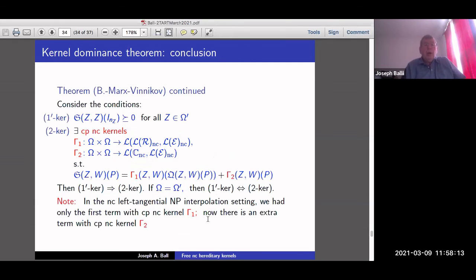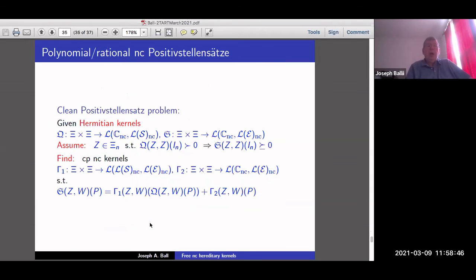Then indeed, we get a result. One prime kernel implies two kernel, and if omega equals omega prime, then they hold if and only if. And in the non-commutative left tangential Nevanlinna-Pick interpolation setting, we had only the gamma 1 appearing. And the second term, for special reasons, you can get rid of.